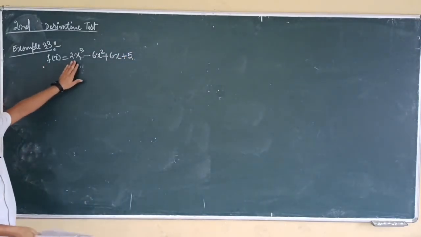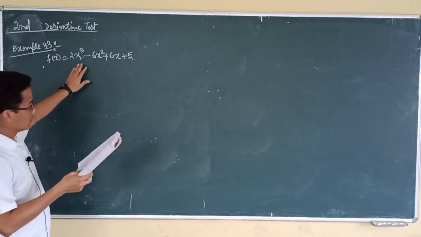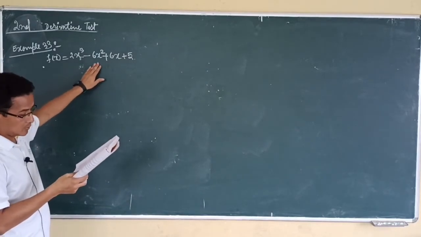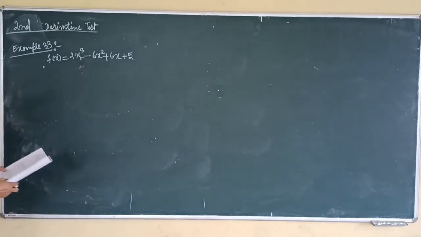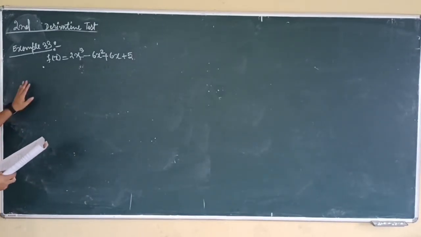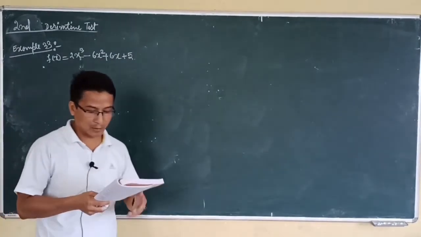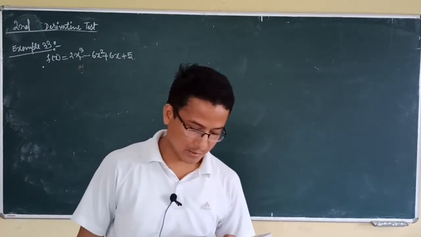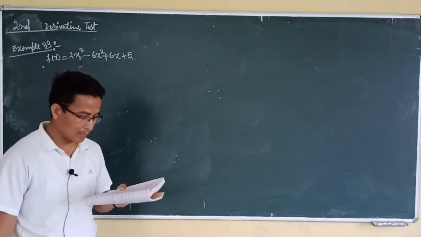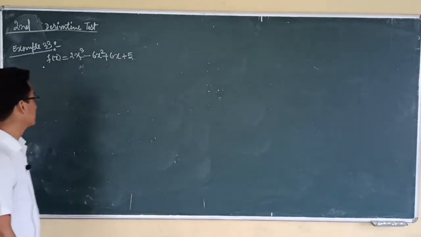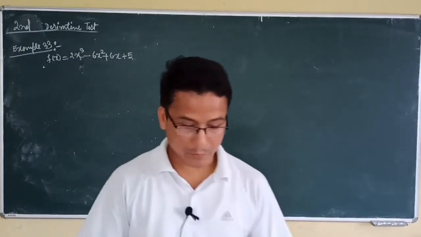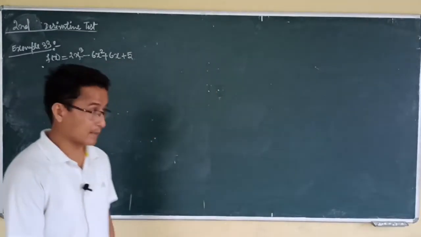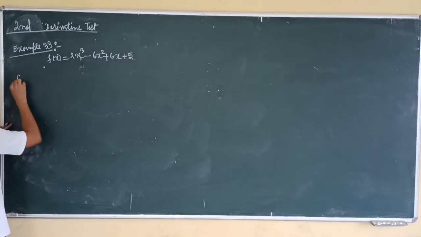In this function we are going to find all the points of local maxima and local minima. So first of all we find f dash x. Solution.